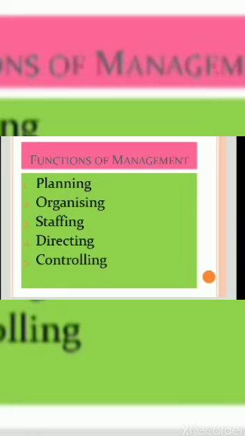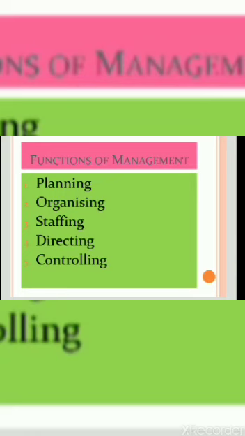In the next chapter we will discuss in detail. First function of management is planning. Planning means deciding in advance what to do, how to do, when to do, and who is going to do it. Planning bridges the gap between where we stand today and where we want to reach.